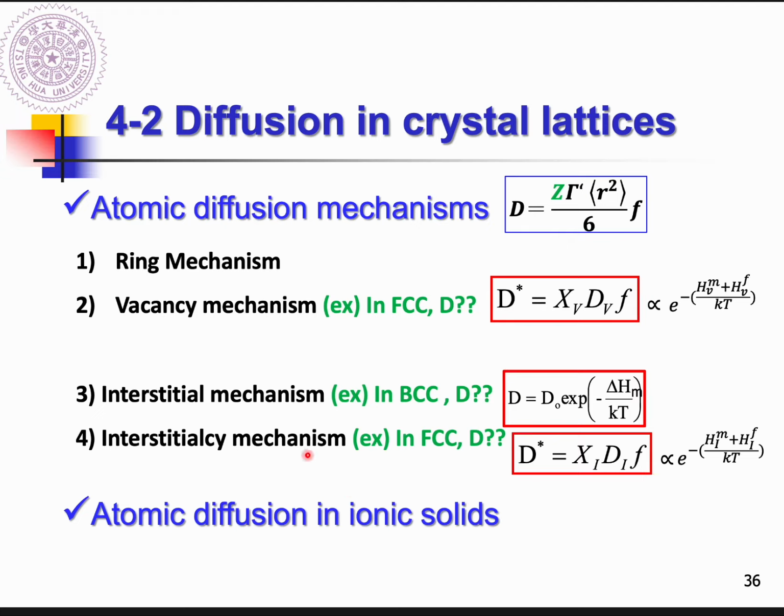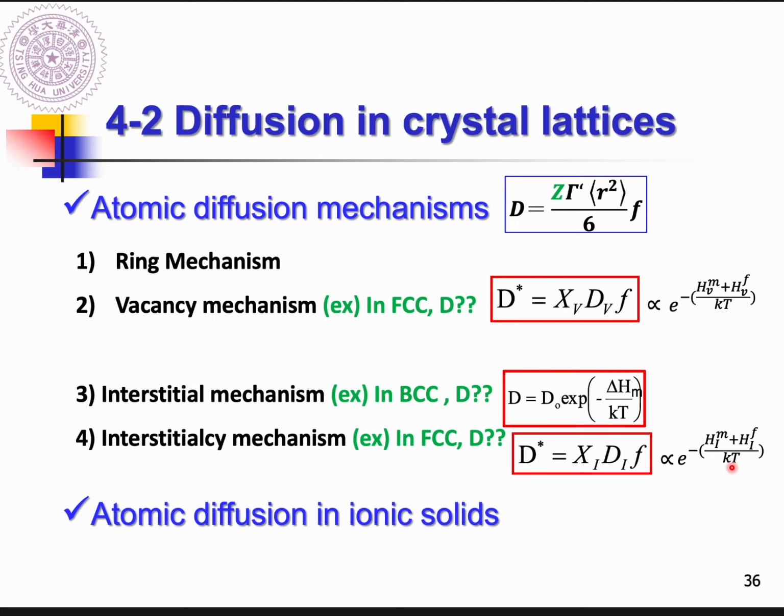This diffusion mechanism happens because there's an interstitial defect nearby the diffusing atom, which allows the diffusion through the interstitialcy mechanism. So it's the same idea, right? It's a fraction times the diffusivity of either vacancy or interstitial defect times the correlation factor F. So based on these results, if we focus on the exponential term, it will be the negative interstitial formation energy and interstitial migration energy.